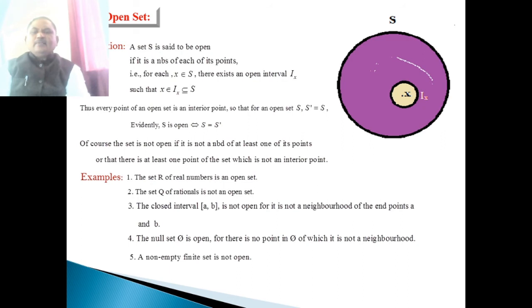A non-empty finite set is also not an open set, because a non-empty finite set is not the neighborhood of each of its points. Every point of a non-empty finite set is not an interior point. Therefore, a non-empty finite set is not an open set. This set is also not an open set. Okay.